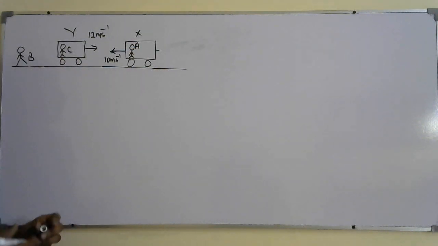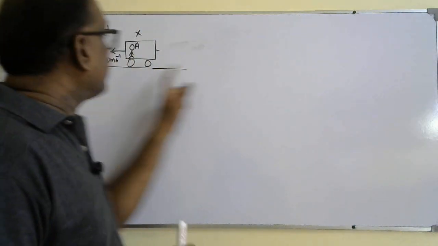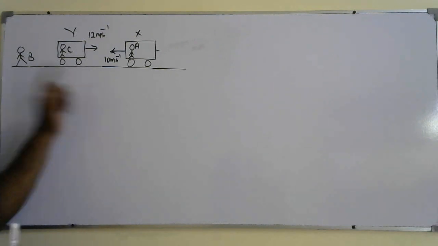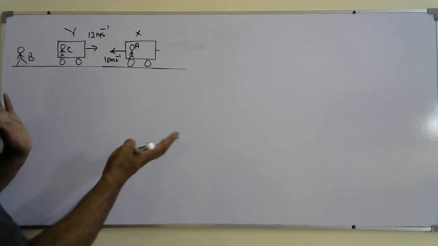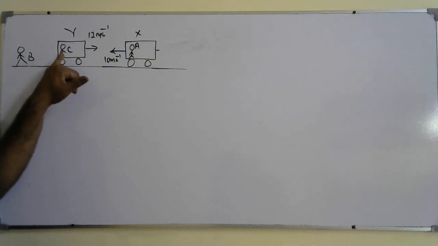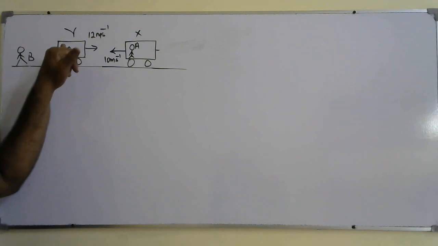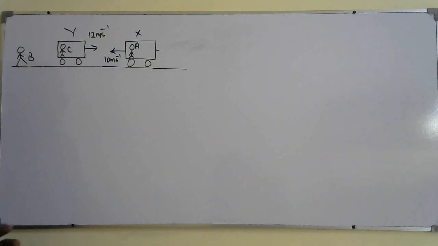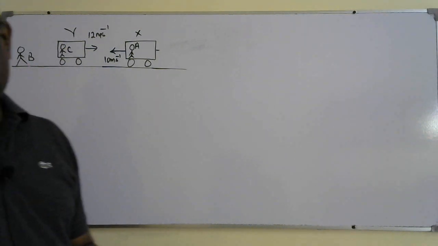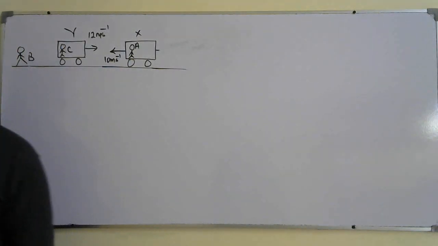So when they are moving in opposite direction, every second the gap will reduce by 22 meters. So the relative velocity is also 22 meter per second, whether it's velocity of A relative to C, or velocity of C relative to A, but they will be in opposite directions. Basic principle.